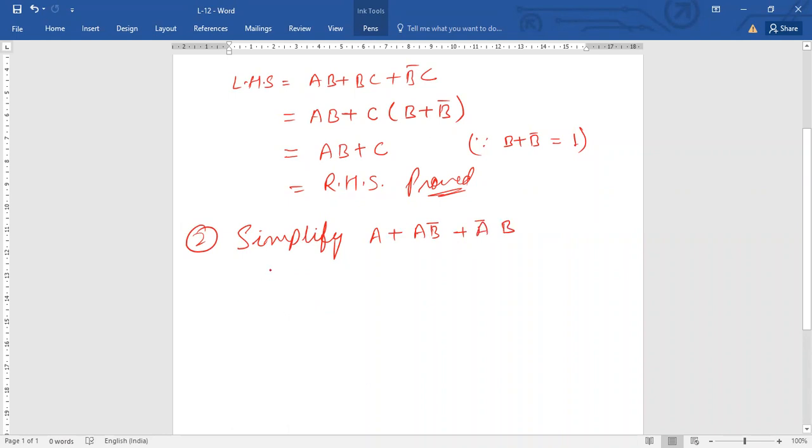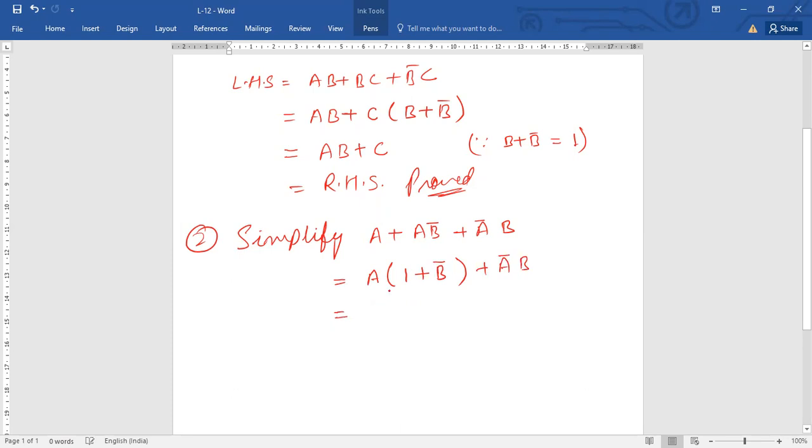What can we take common? In the first term and the second term, we can take a as common, and here we will have 1 plus b bar plus a bar b.